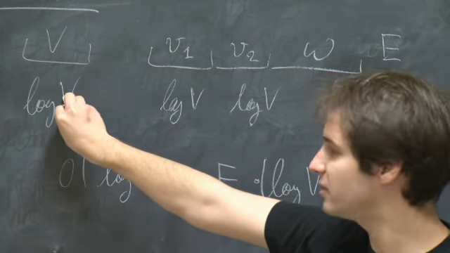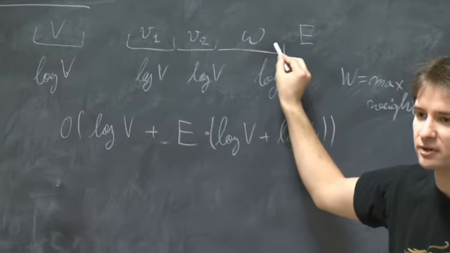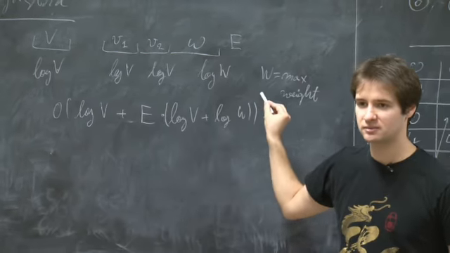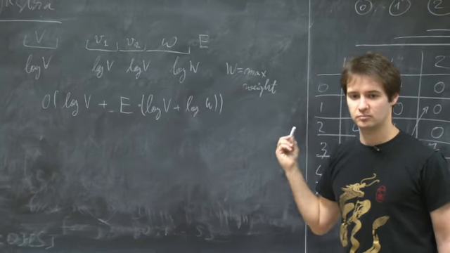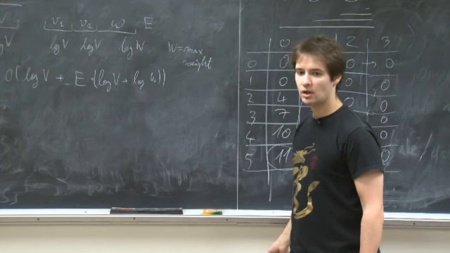I only have 1 vertex count, but then I have E edges, and each edge has 3 numbers. And these are the widths of the numbers.